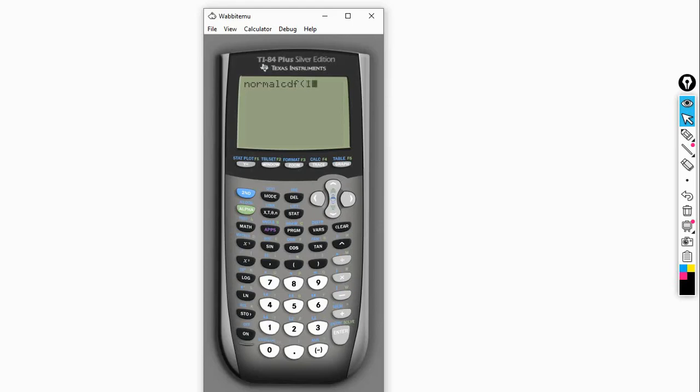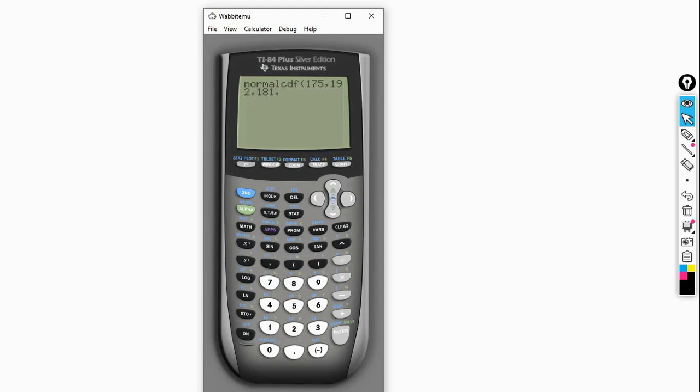So we type 175 and then a comma. Next we need the upper limit, which is 192. Use a comma to separate that. And next we have the mean, which we said was 181.